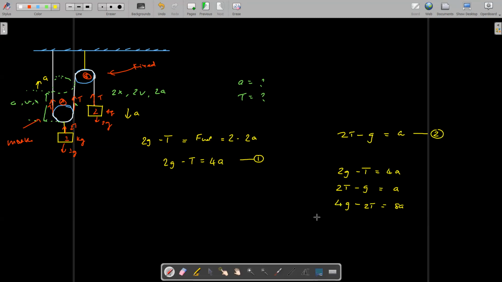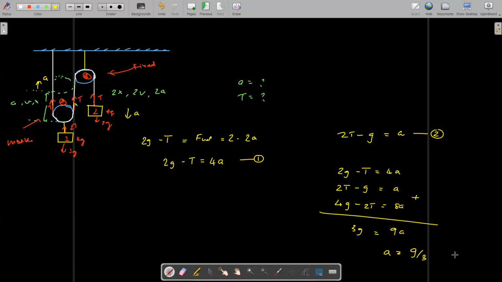Then, adding these two equations, what we obtain is that 2T and 2T will be gone. That is 4g minus g, which is 3g, equal to 8a plus a, which is 9a. That is, our acceleration will be equal to g by 3 meter per second square.